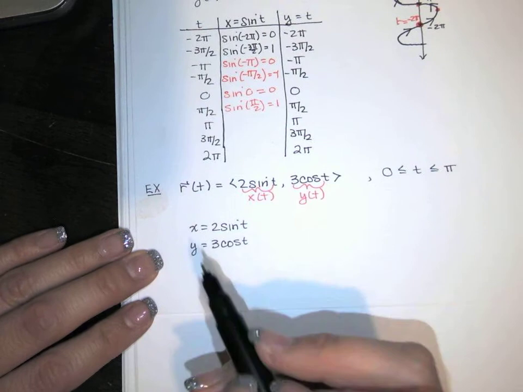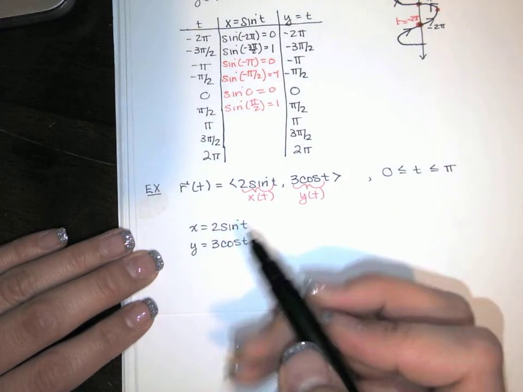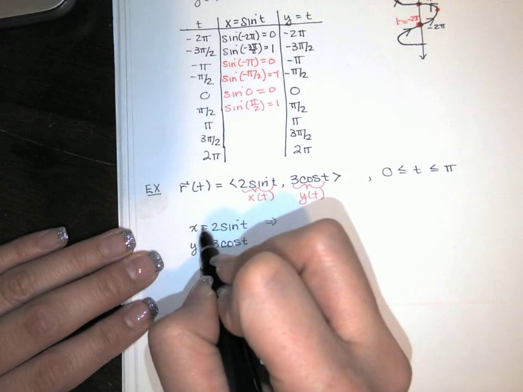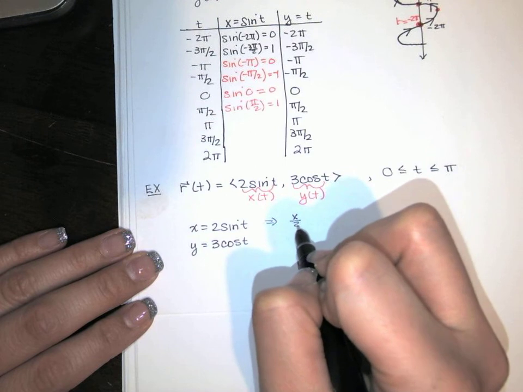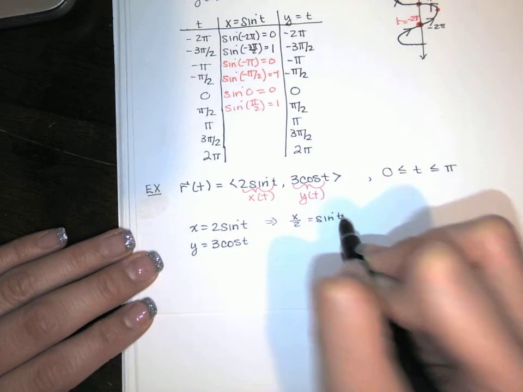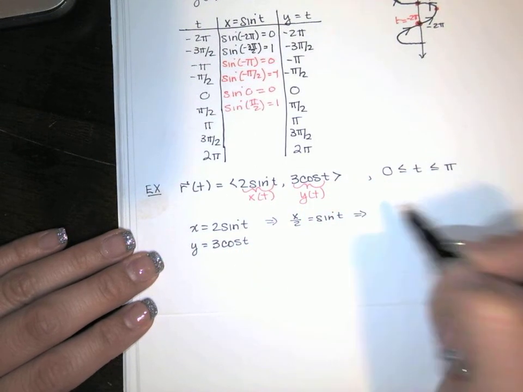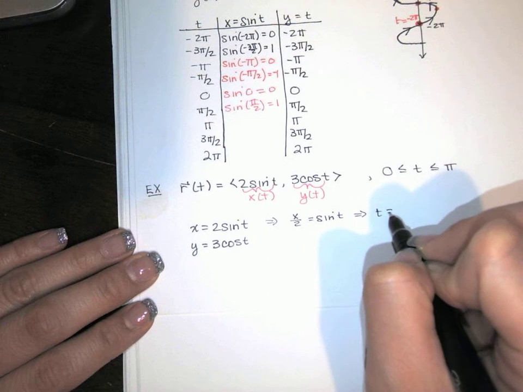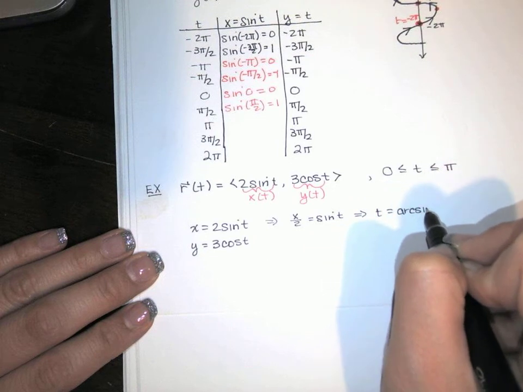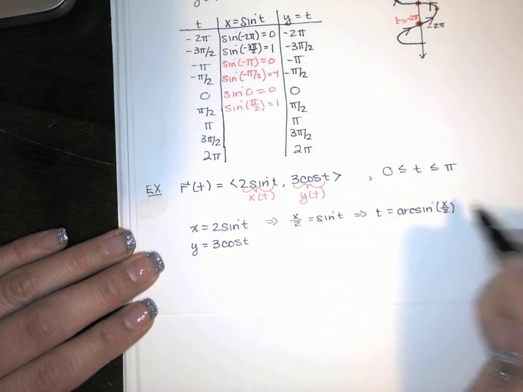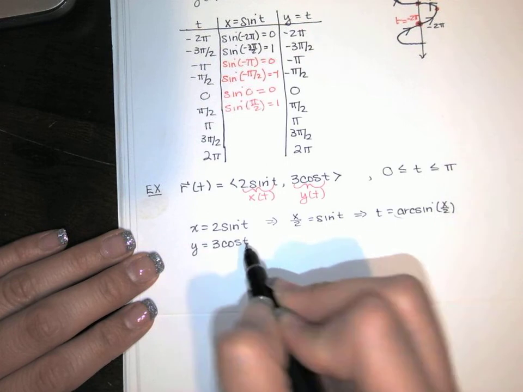because you see what would happen. If I solve this for t, I would get, well, first divide by 2, and then to get rid of the sine I'd have to take the inverse sine, and then I'm going to substitute this in for t in this function.